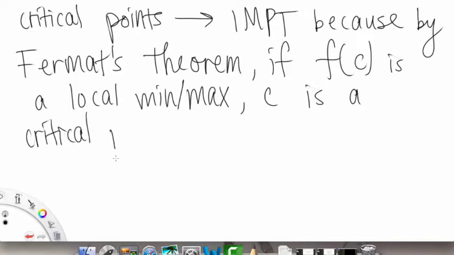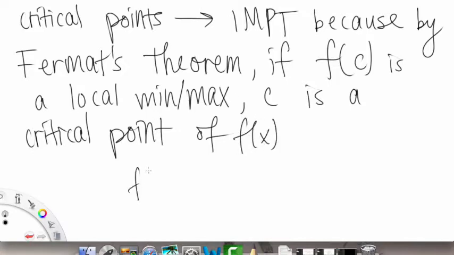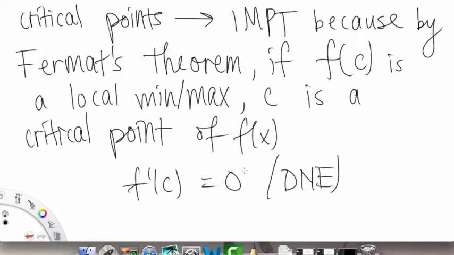It must be a critical point of f of x. And again, critical point meaning that f prime of c is equal to 0 or it does not exist. So that's always a good starting point for finding those local extrema, okay?